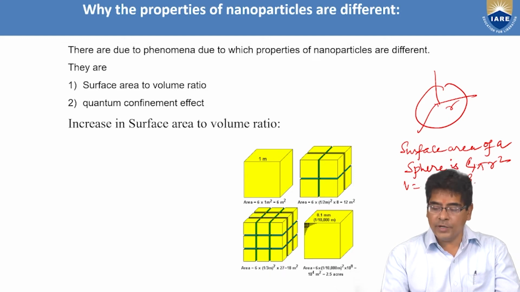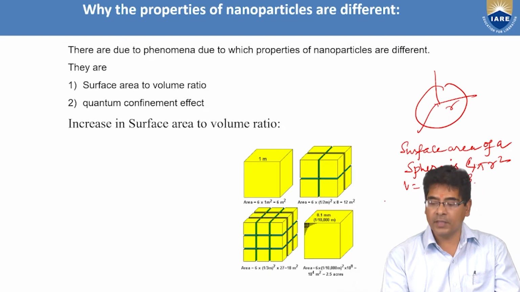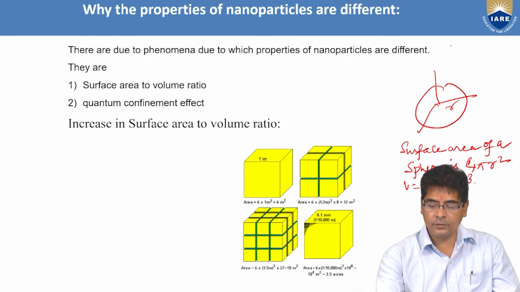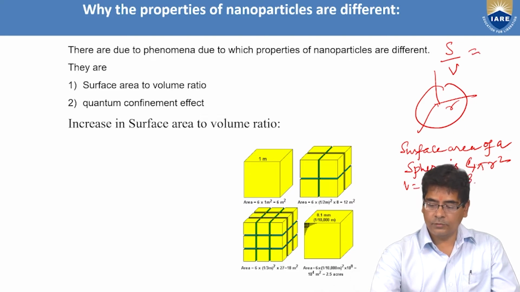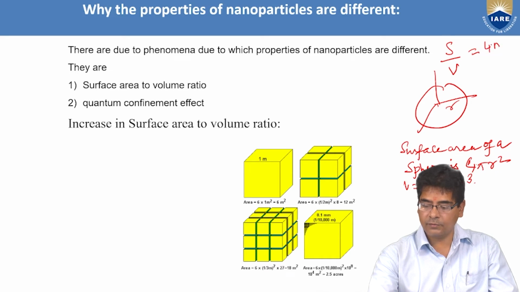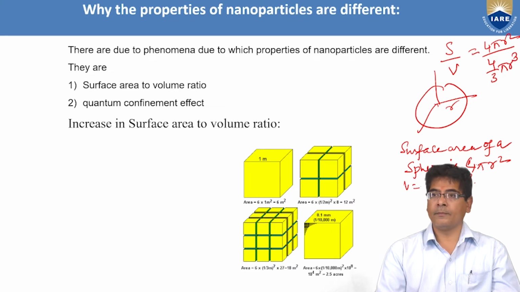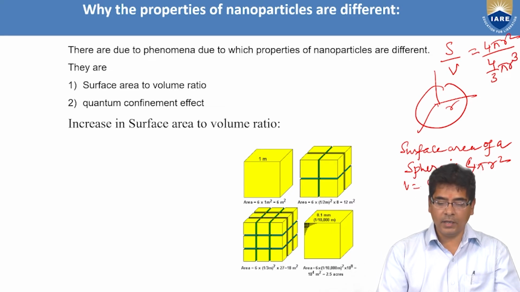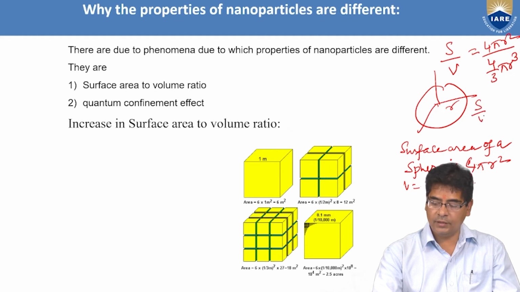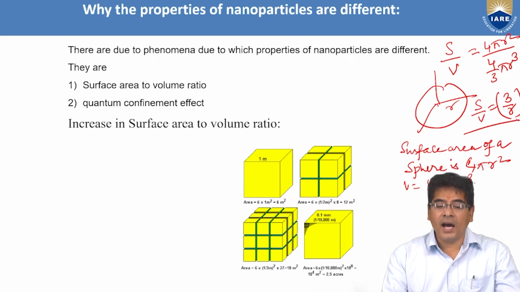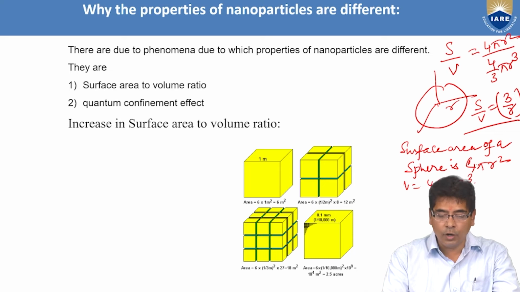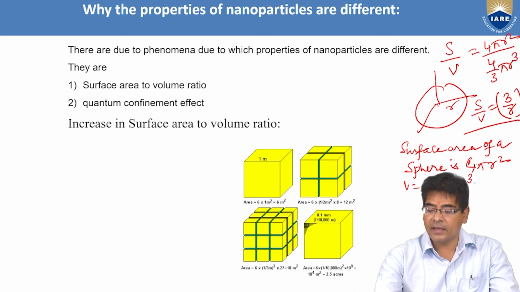So the surface to volume ratio is given by 4 pi r square divided by 4/3 pi r cube. So S by V is equal to 3 by r. So as r decreases, surface to volume ratio increases.